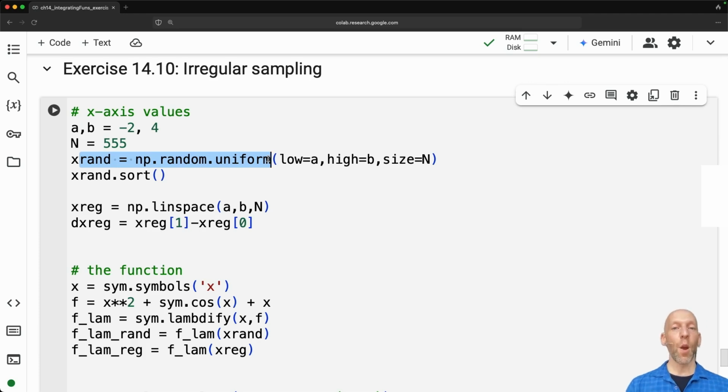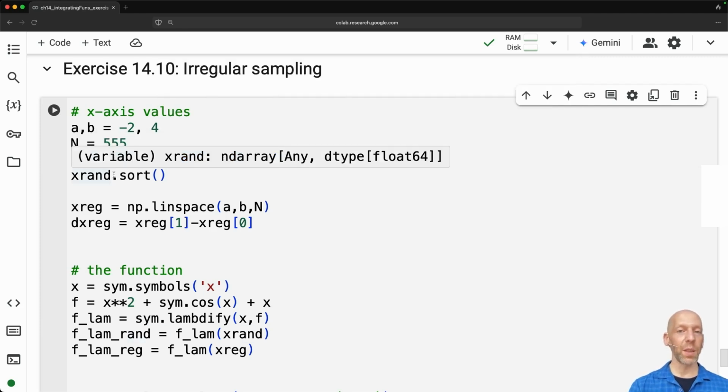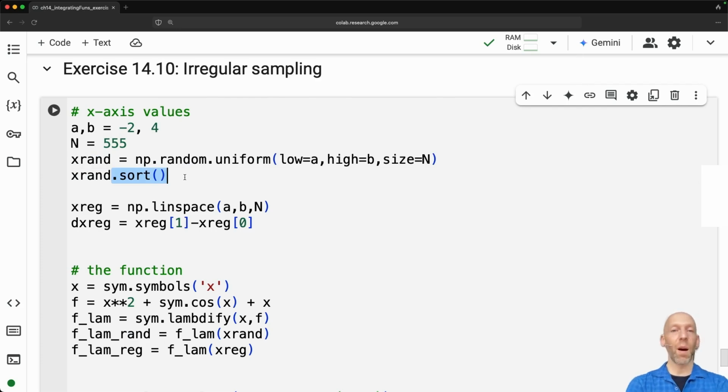So I'm randomly generating numbers from a uniform distribution, so every value between A and B is equally likely to be selected. And we have 555 of these as well. Now, these are not in order, but I want to plot them in order. So therefore, I'm using the sort method on this NumPy array to give me sorted values.